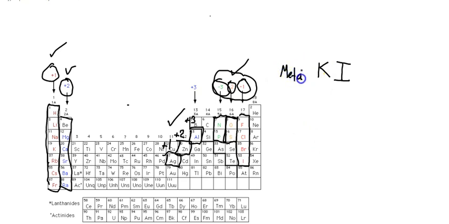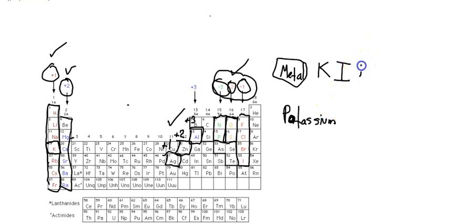On the periodic table, K is over here on the left, number 19. It's a metal, so that's the first thing we write, and K stands for potassium.